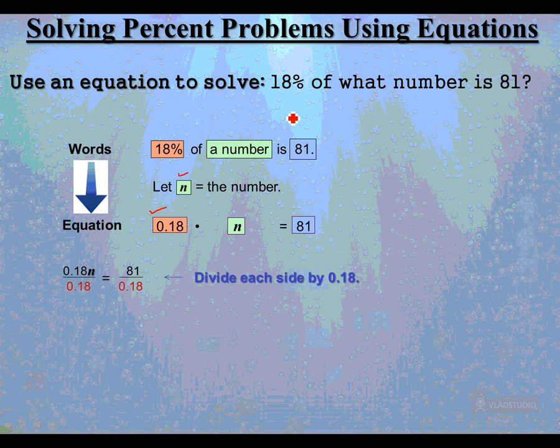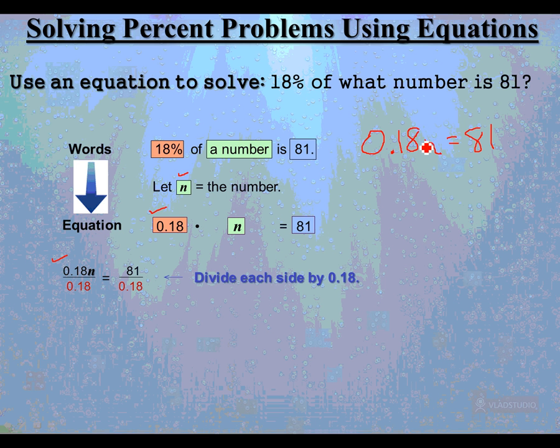Now let's clean this up a little bit, and it's going to look like this. Sorry, I skipped through some stuff here, but basically just making it look like an equation. 18 hundredths n equals 81. If you're up on your solving equations, you'd know that to solve this equation you need to do the inverse.